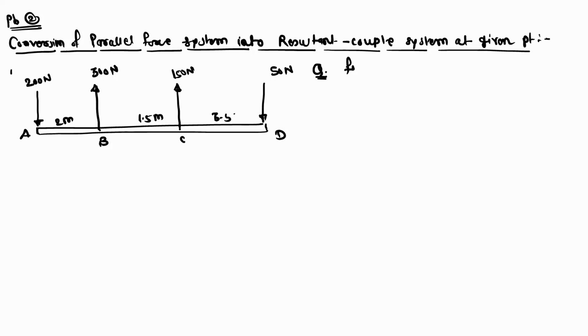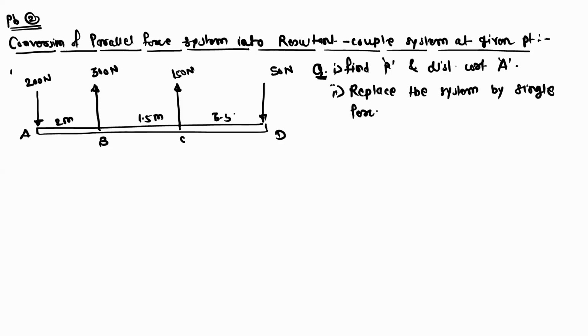So the question is, first find out the resultant and distance with respect to point A. Then the second question is, replace the system by a single force and couple acting at point B. And the third is, replace the system by a single force and couple at point D. Okay.